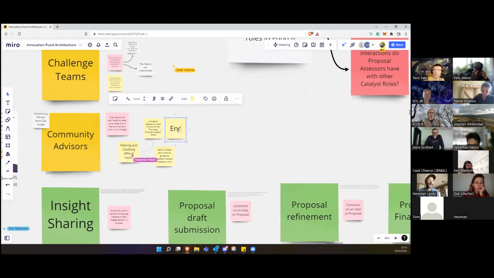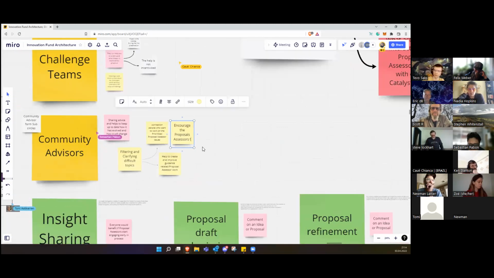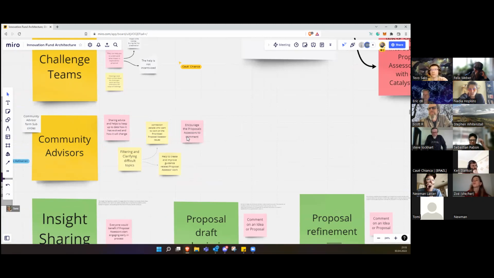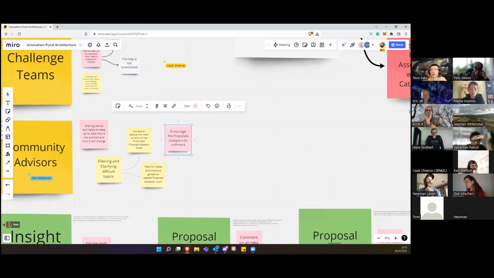The idea was that the community would help the proposer iterate and refine their proposals before the text was cut off prior to the CA period. Okay. I would say that is part of proposal assessment, or you could say it's proposal refinement actually. Encourage the community to comment and refine proposals.